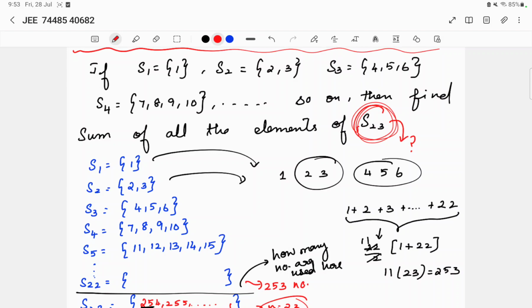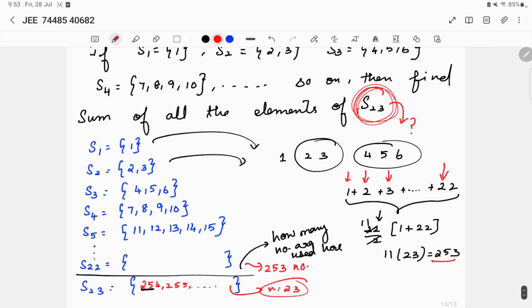In S3 we have 3 elements, in S4 4 elements, in S5 5 elements, in S6 6 elements, in S10 10 elements will be there. Like this, how many numbers we have used, that we have to find. In S22, 22 elements. So first I have to find how many numbers we have already used, so it is 253.